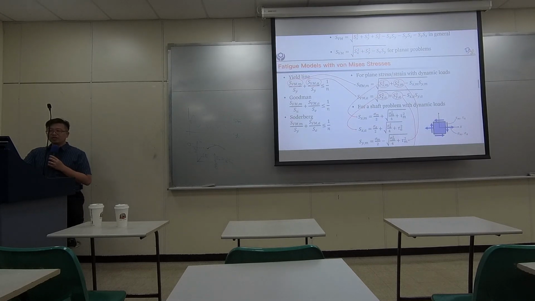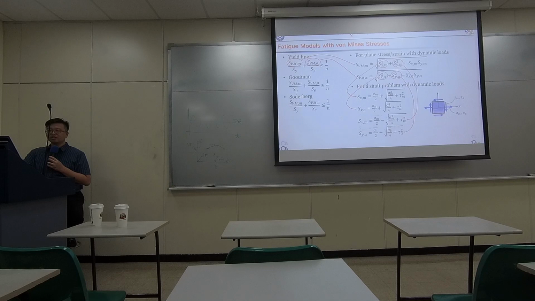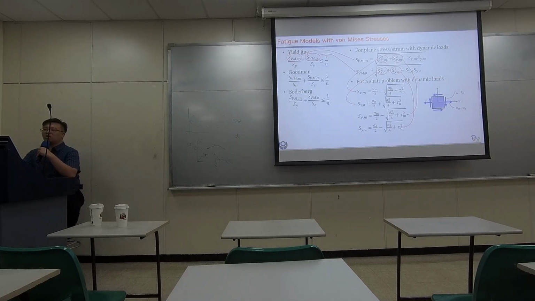However, we now separate them into two parts. Here's the mean value part and the amplitude part. Okay? So an easier way to compute this is to just plug in all the mean values along x and y over here, and plug in the amplitude along x and y over here.